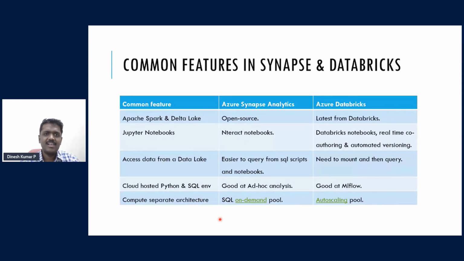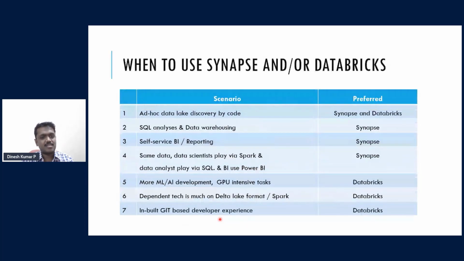And I have framed 7 scenarios where, as a person, you think about the scenario and decide whichever would be preferable. As I said earlier, for ad hoc data lake discovery by code, you can directly choose either Synapse or Databricks, because both support Python, both have Jupyter notebooks, and using that you can directly play with the data lake's data and do ad hoc analysis.